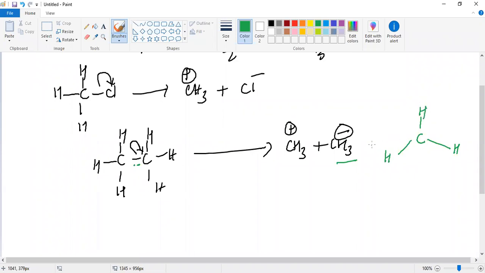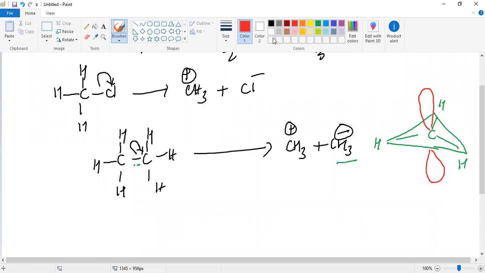Or let me show it some other way, my dear students. Here you can see this carbon has got 3 hydrogens. And now you can see that there is an orbital which is above and under this plane, and this orbital, my dear students, has got 2 electrons filled into it.